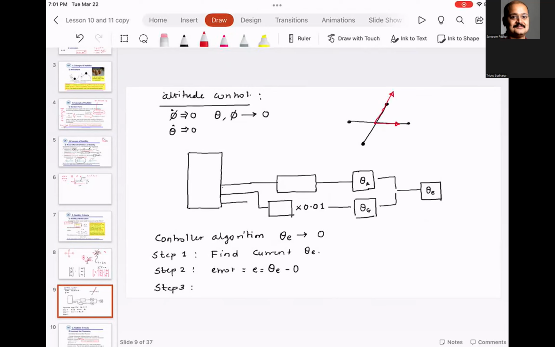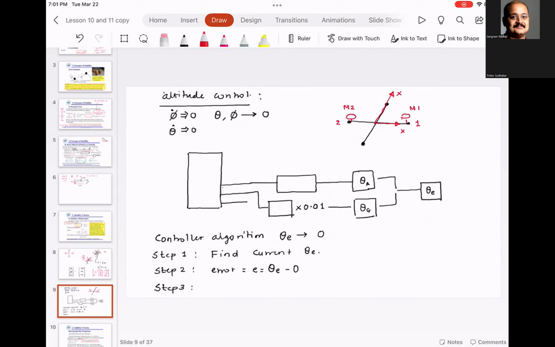I'm pretty confident. This is X, this is Y. So for pitch control, I need to control motor 1 and motor 2. So this is my motor 1 and this is my motor 2. Do you agree with me?